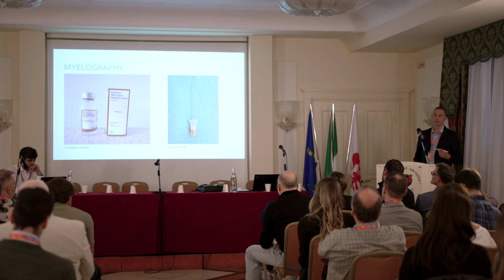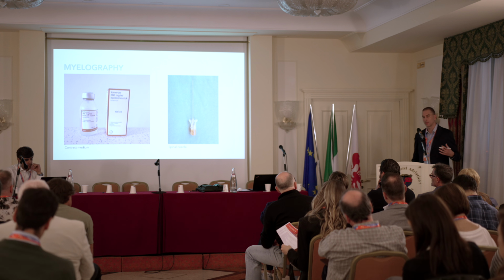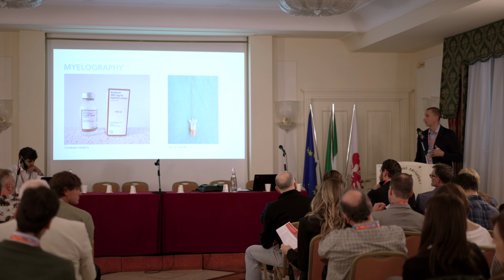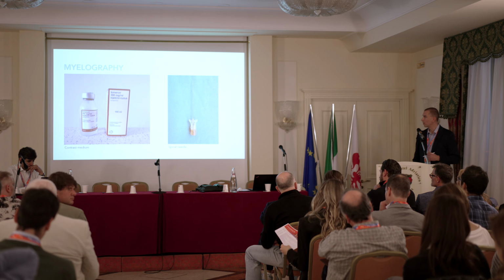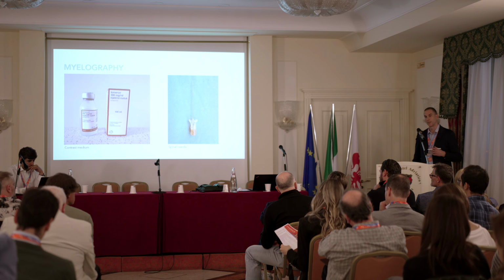It depends on the location, what I'm looking for. And as I said, usually I dilute it a little bit. So I count the normal volume of the contrast medium and then put some fluid in it to dilute it.